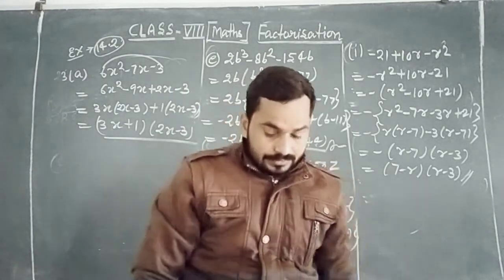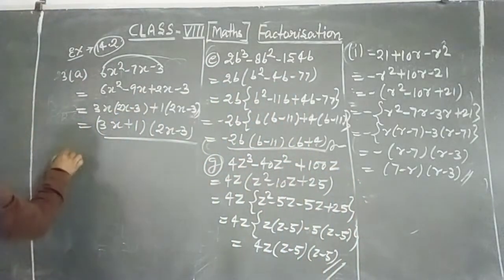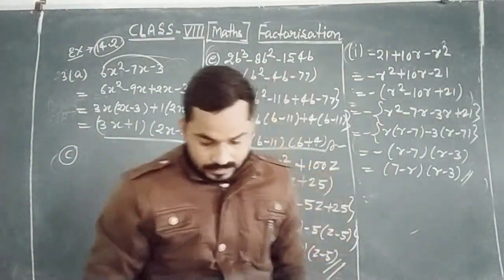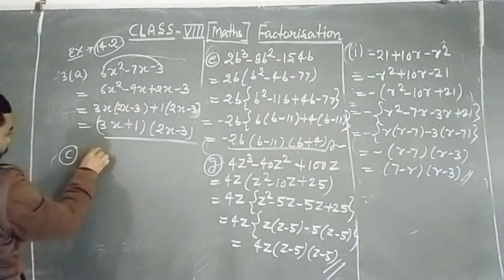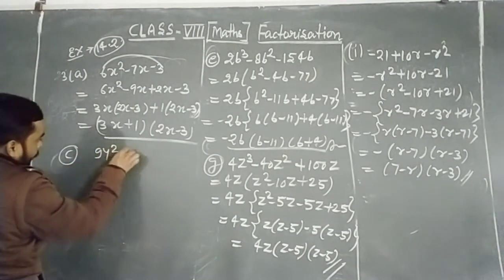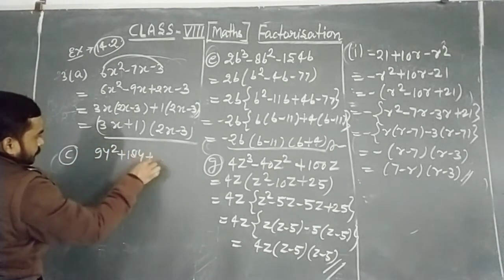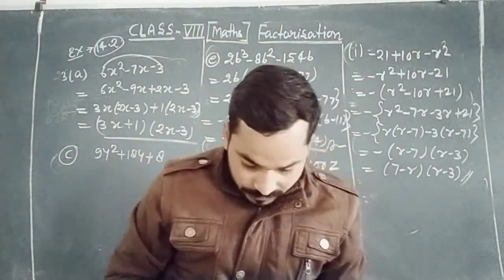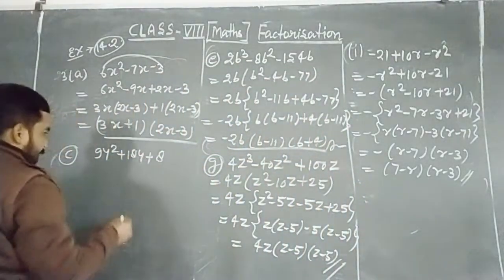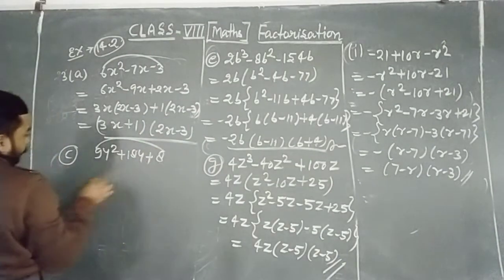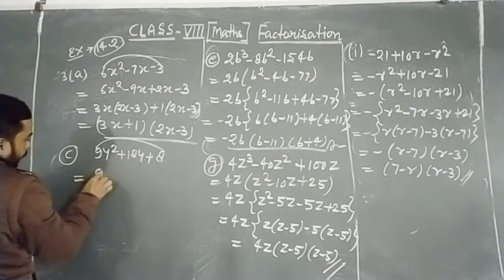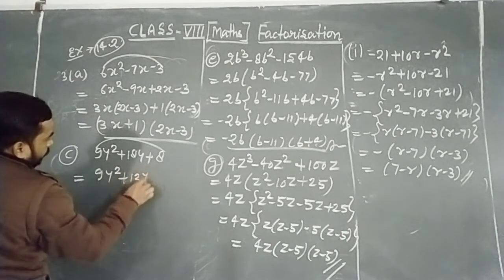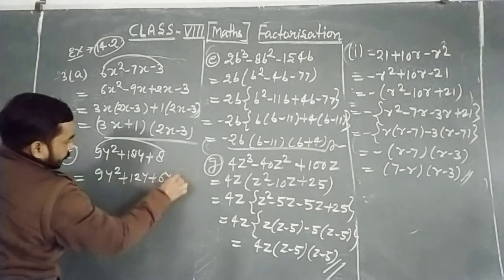Take the C part. One of the factors of 9y square plus 18y plus 8 is given, 3y plus 2. Find the other factor. 9 times 8 is 72. So 9y square plus 12y plus 6y plus 8.